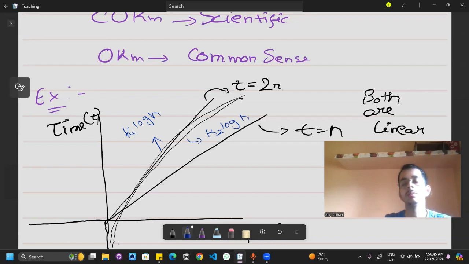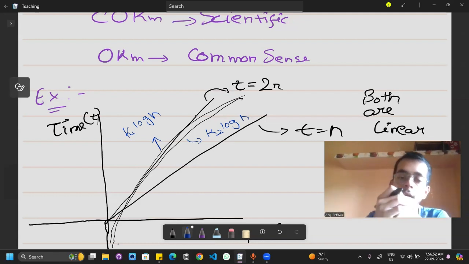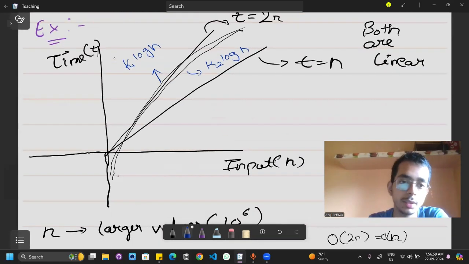You know that the log graph goes along the positive or right-hand side of the time axis here, and it's going to come up from down and go up.